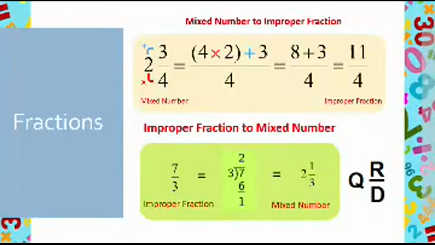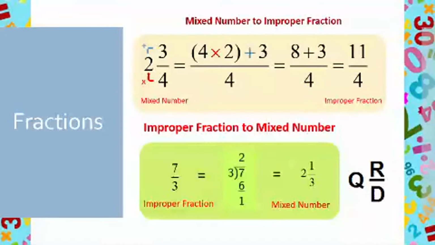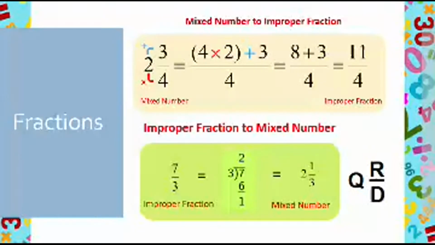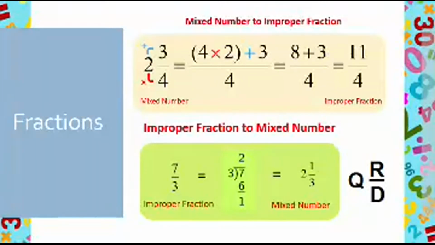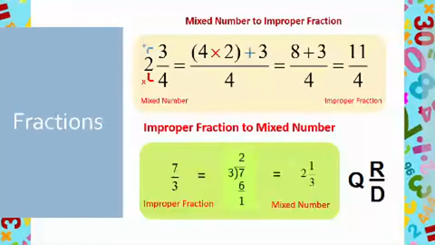So how do you convert an improper fraction to a mixed number? Simply note down a formula that indicates the positions of quotient, remainder, and divisor. Make a note of this in your book if you're yet not done with that. Then we will move further to the next concept.